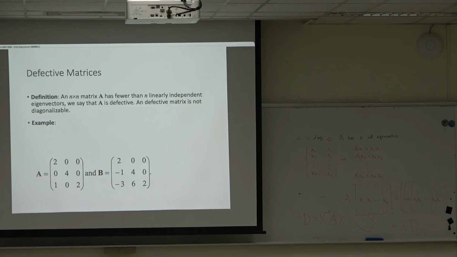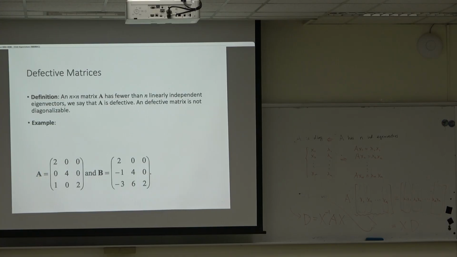But again, I will hand wave this part. The first one, the eigenvalues are 2 and 4. The second one's eigenvalues are also 2 and 4. Because it's a lower triangular matrix, it's very easy to compute the determinant, just using the diagonal elements.